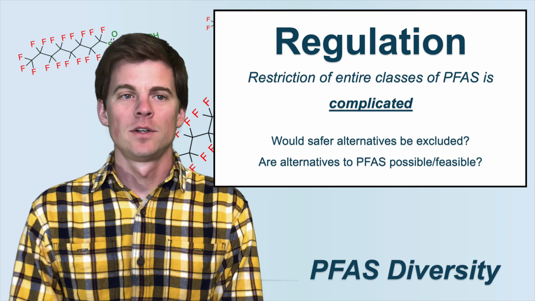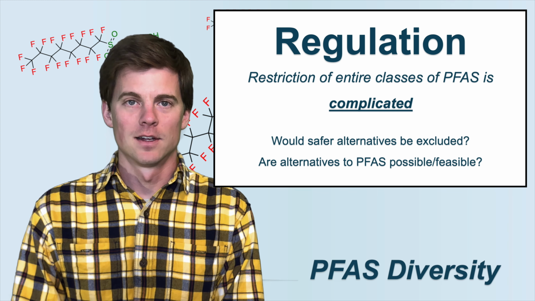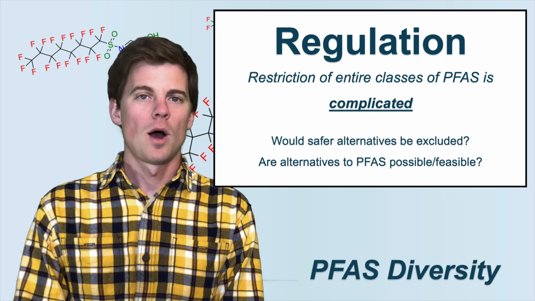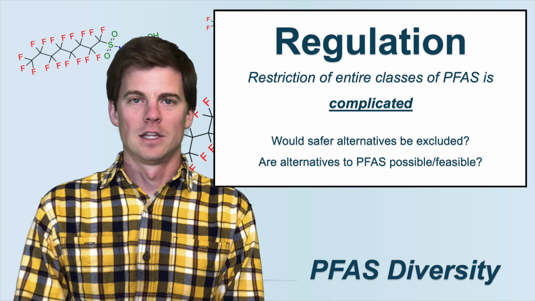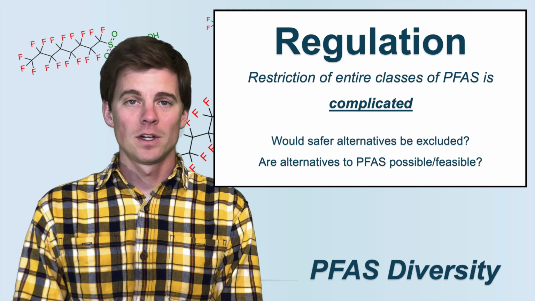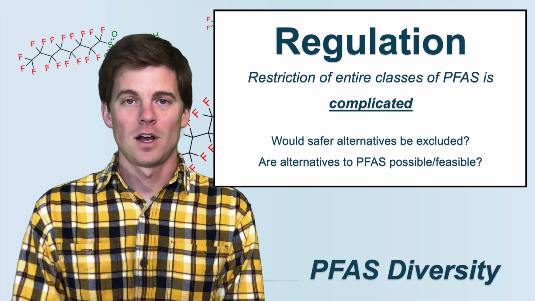So regulation of an entire class of PFAS then is complicated. Compound by compound, I just showed that logically it's not effective. Doing an entire class is also flawed. How are you going to choose a class? Are you going to say, is it a perfluorinated acid that we're regulating? Because what if a perfluorinated acid is required by something and that's the only way to get it done?